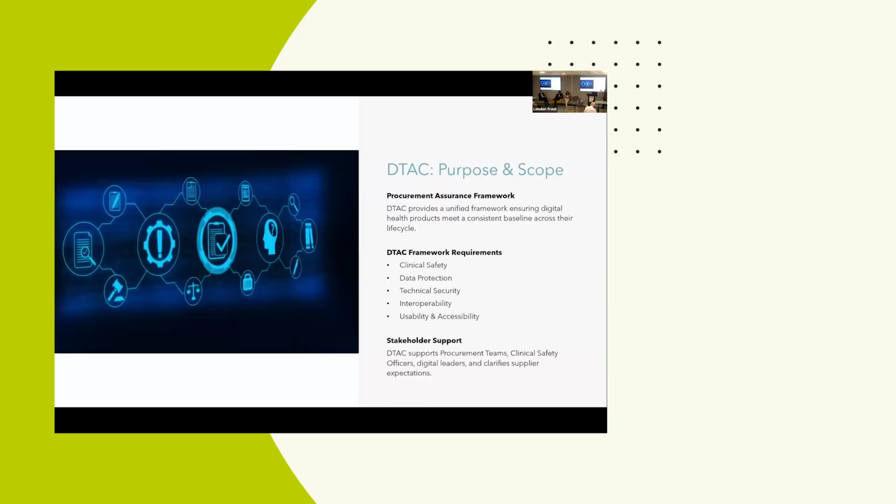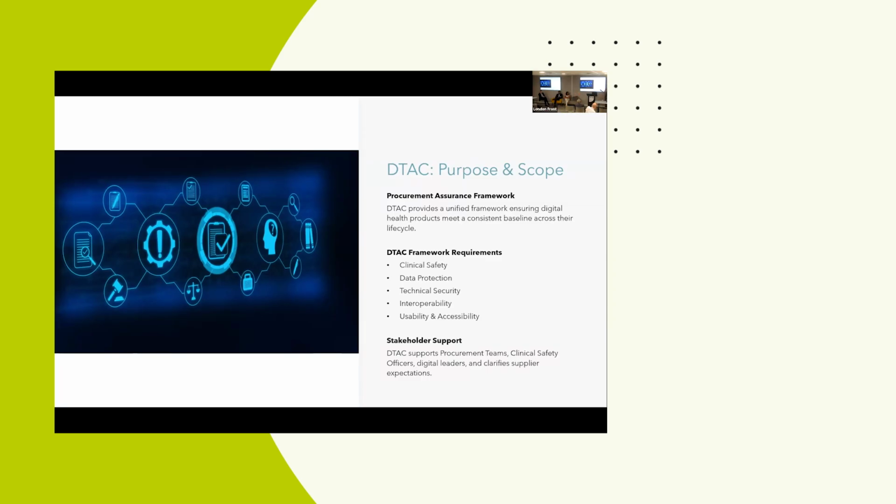So the purpose and the scope. DTAC is a procurement assurance framework. DTAC provides a unified framework, as I mentioned before. So it's all under one umbrella and it's introducing consistency. Well, that was the purpose for it when it was brought in. But the disruptive bit comes a bit later. So what is the framework? It's set up of 5 sections.